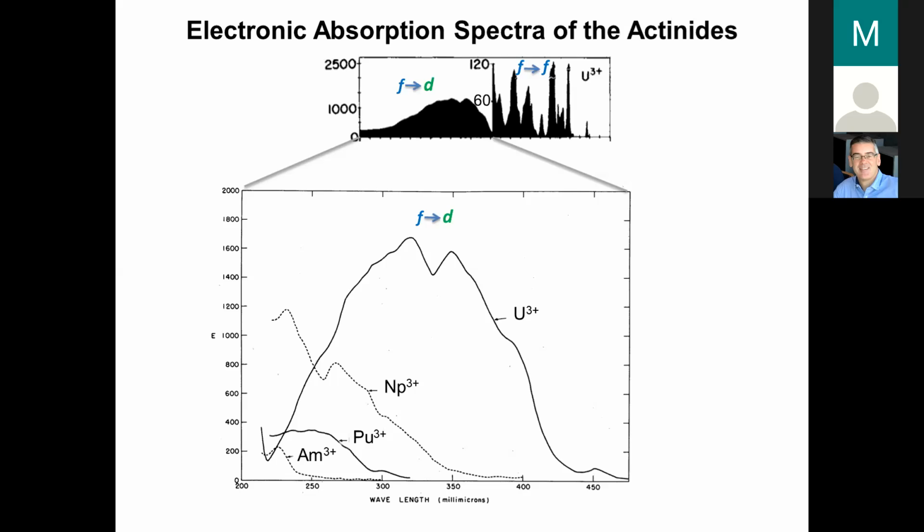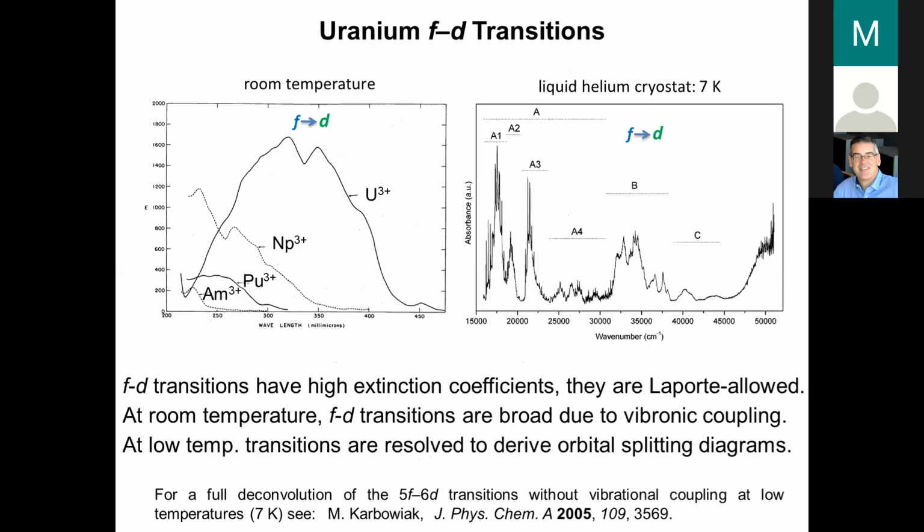And in order to derive crystal field splitting and the electronic structure of such compounds or materials, or basically the actinide ions contained in these materials or compounds, the UV-Vis spectrum or the electronic absorption spectrum can be recorded at low temperatures as low as 7 Kelvin or 5 Kelvin using a liquid helium cryostat to freeze out vibrations entirely.